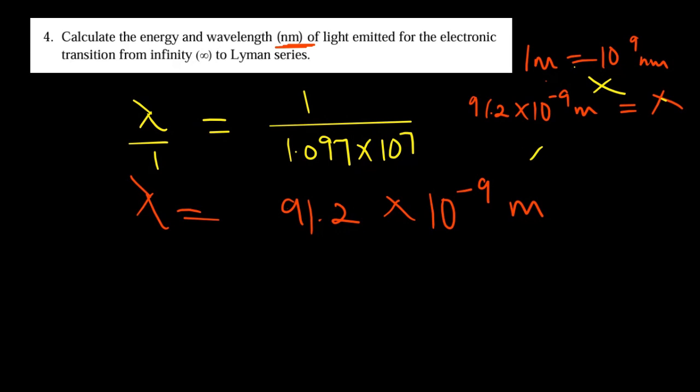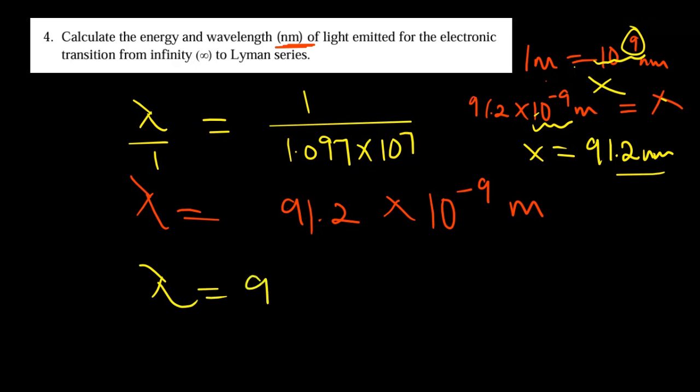X will be equal to this multiplied by this, and they have the same powers but different signs, so that will just be 10 to the power 0, which is the same as 1. So our wavelength in nanometers will just be 91.2 nanometers. So lambda is equal to 91.2 nanometers.